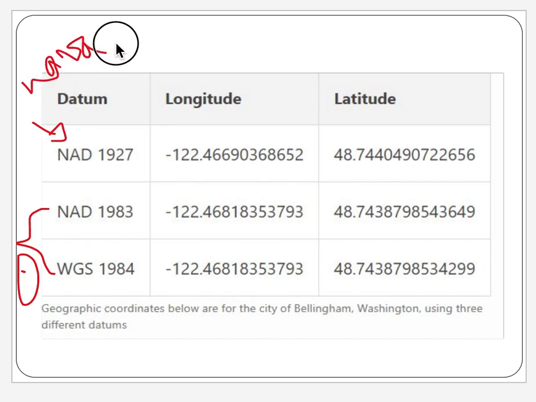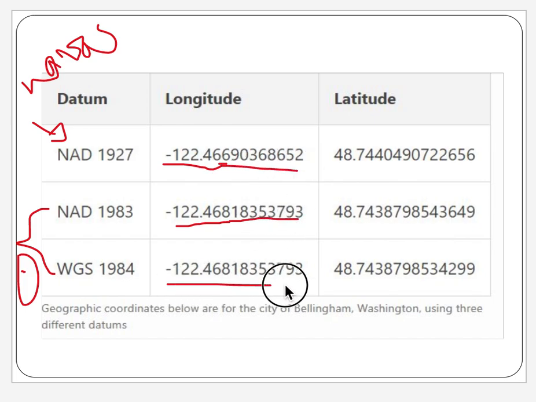So we could see here the difference for the longitude, negative 122.466, and then for NAD 1983 and WGS 1984, we could see negative 122.468. And then again, it starts getting different the further we go down in decimal value.